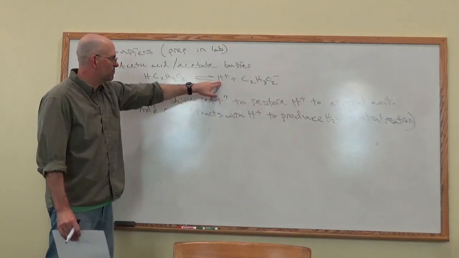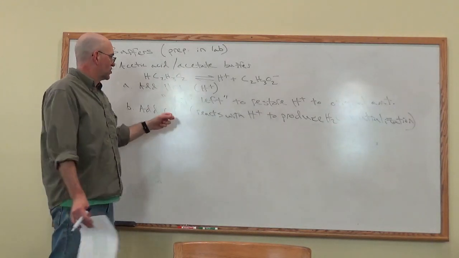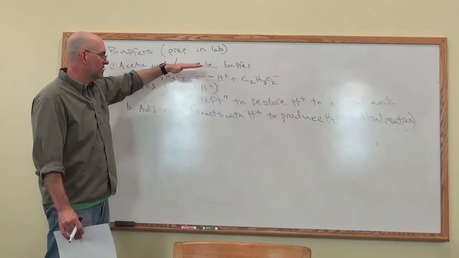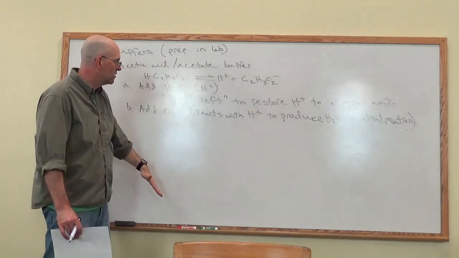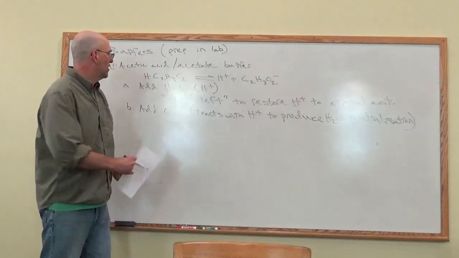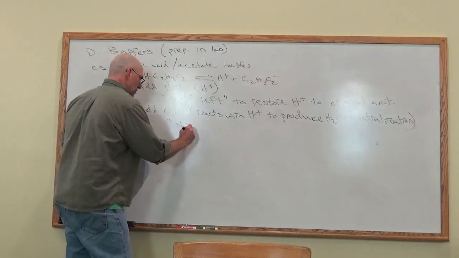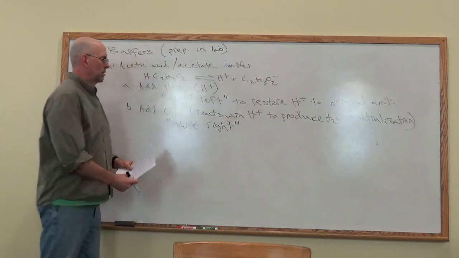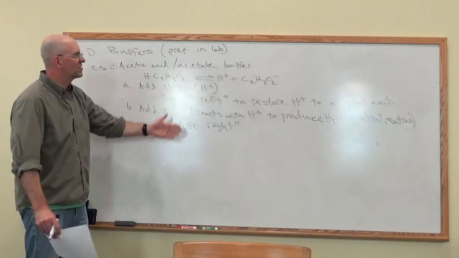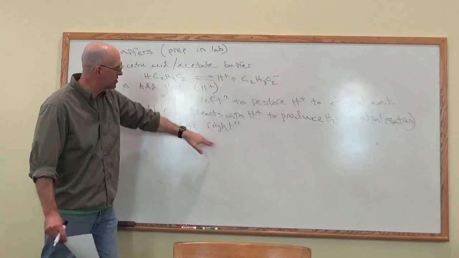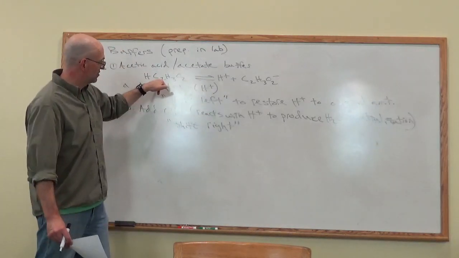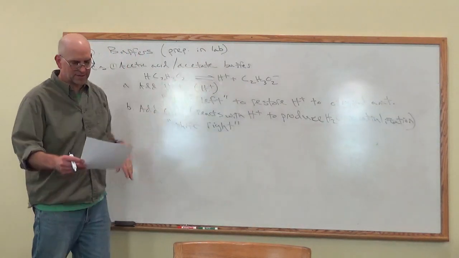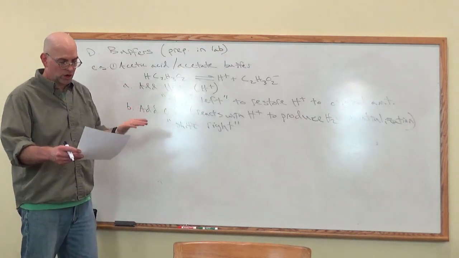OH minus and H plus produce water. Strong base, strong acid here, so those combine to make water. That effectively reduces the H plus concentration, pulls it out. So we're going to get a shift right to restore the H plus to its original amount, because you're pulling it out and the equilibrium will shift to the right. Yes, you'll lose some acetic acid, you'll gain some acetate, but the point is to hold this constant. That's really how it works.